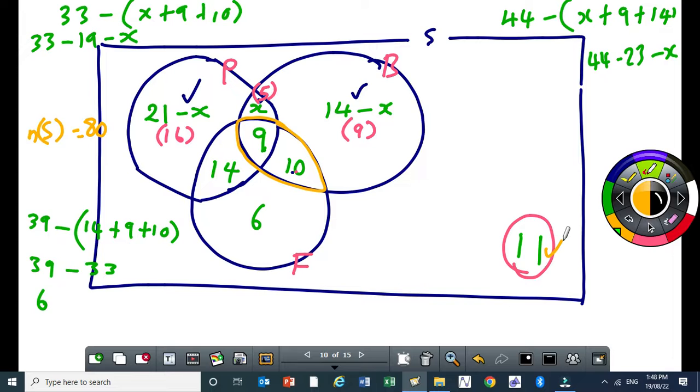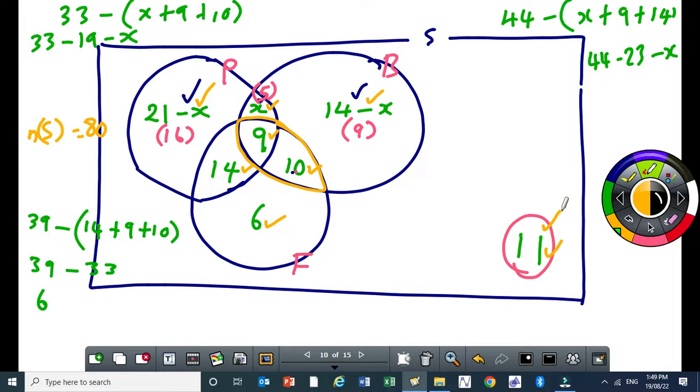If you want to calculate X, all you have to do is add these values that are in green. So we add that 6, this 14, plus that 10, plus the 9, plus this X, plus that 14 minus X, plus the 21 minus X, plus this 11. We add all of them.